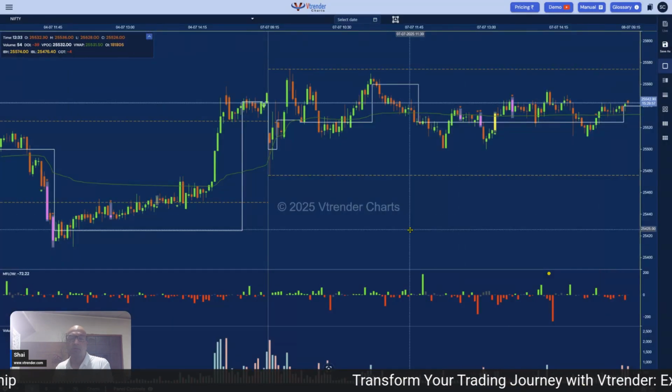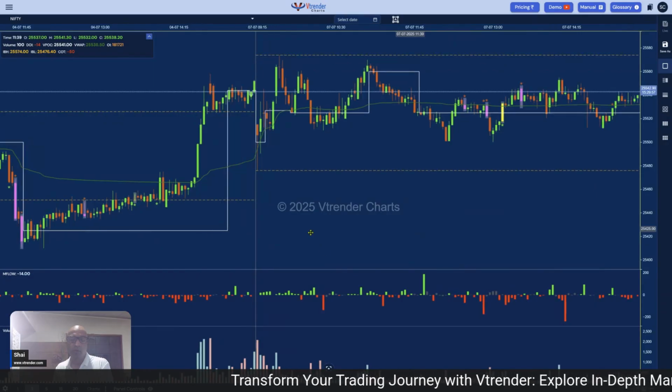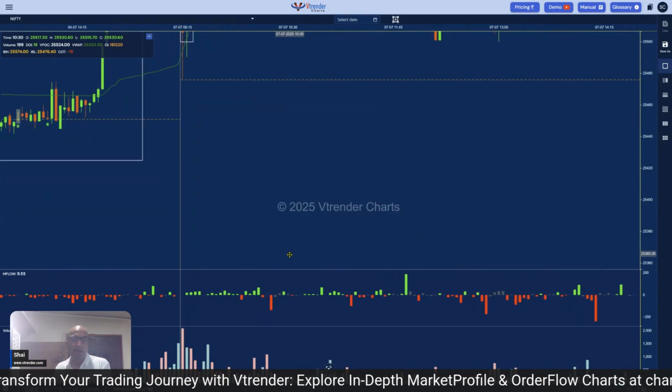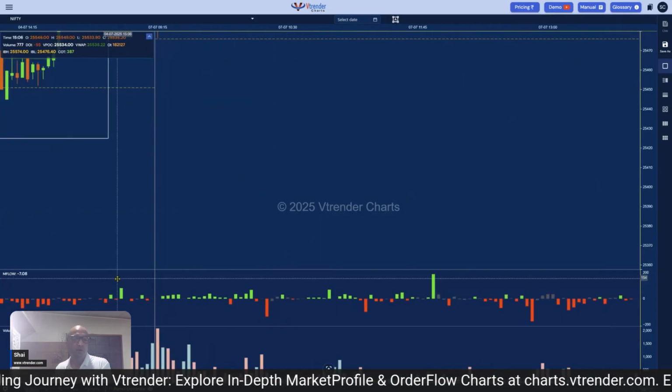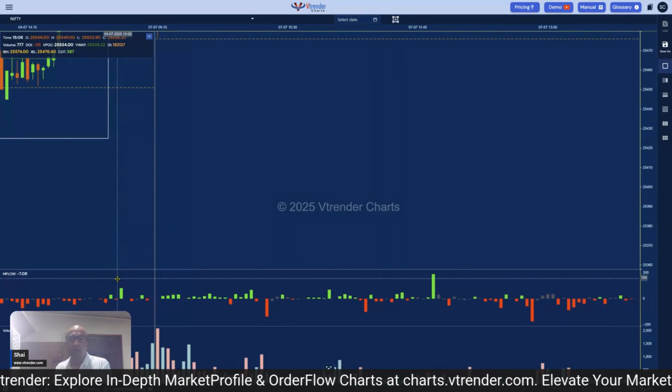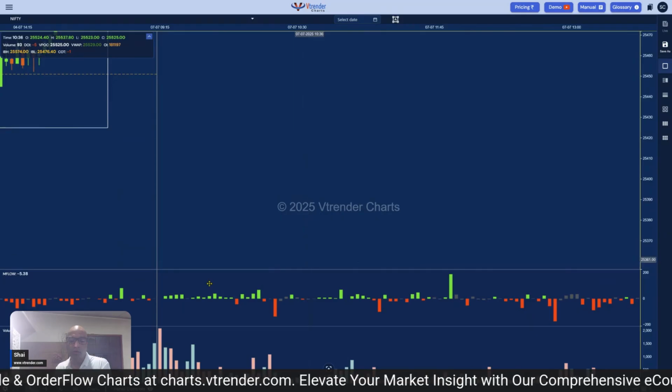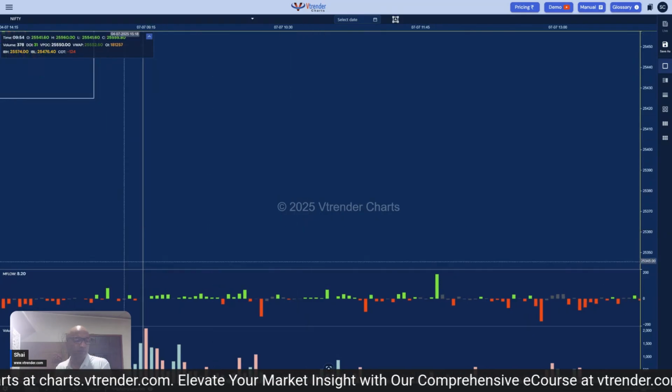Once you save your settings, you'll get exposed to a pane like this. The MFlow is right here, and we've normalized this so that there aren't a lot of abrupt bars showing up. The price pane is always going to be on top, and this is the volume information which is coming in.